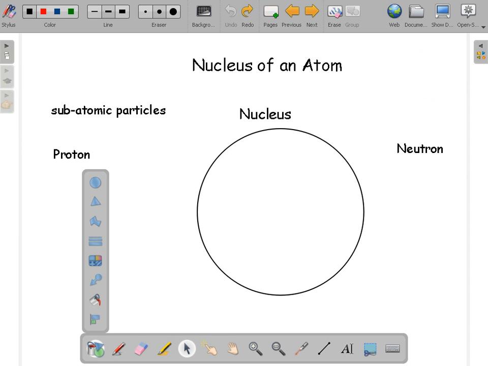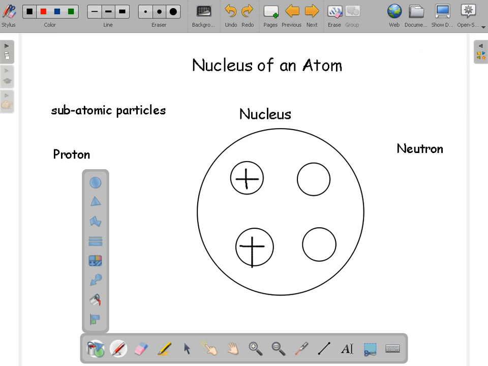Now we can draw our two subatomic particles within the nucleus. I'm gonna draw two of each. Okay, let's put a plus in one of them, and in the other one I'll just put n inside, even though it's not the actual sign.